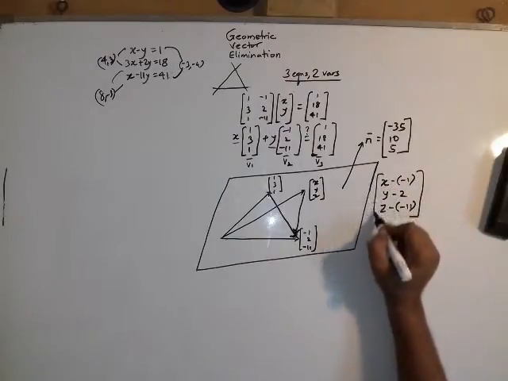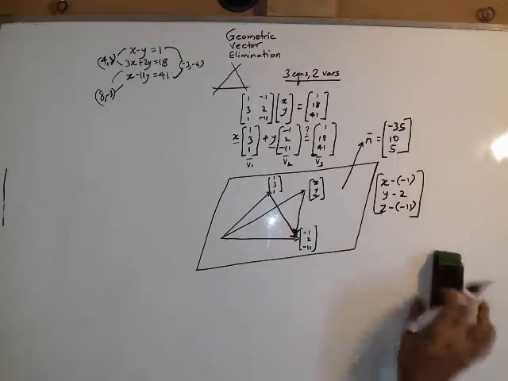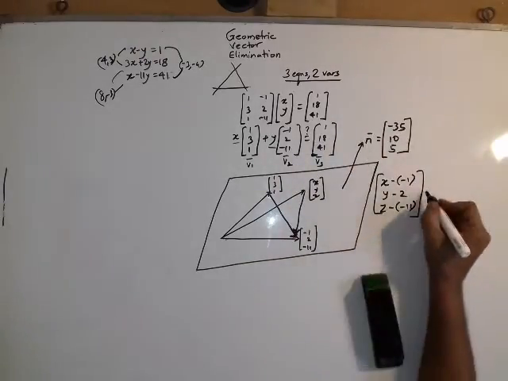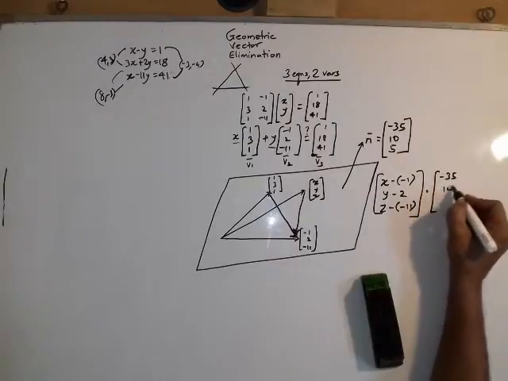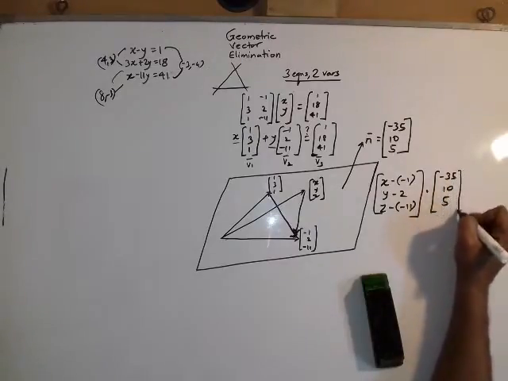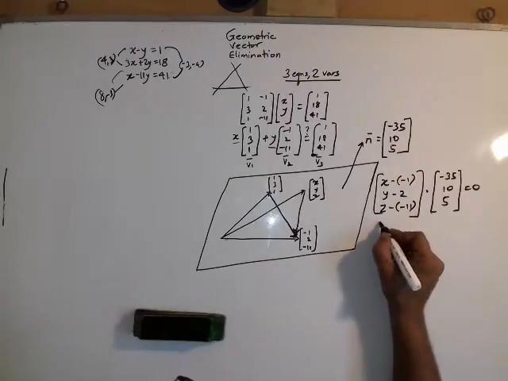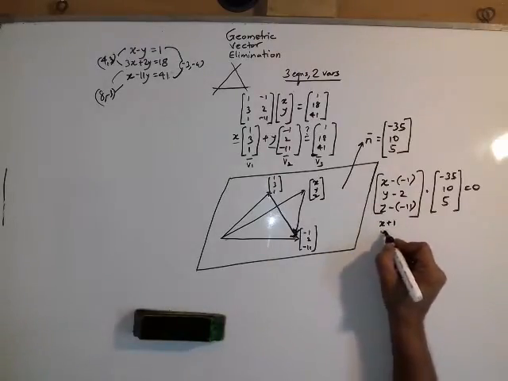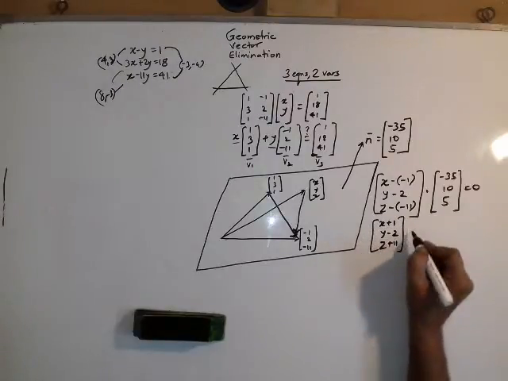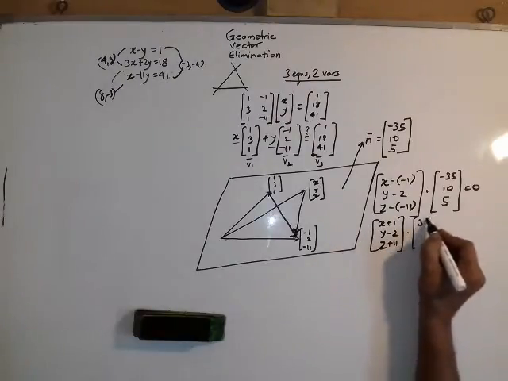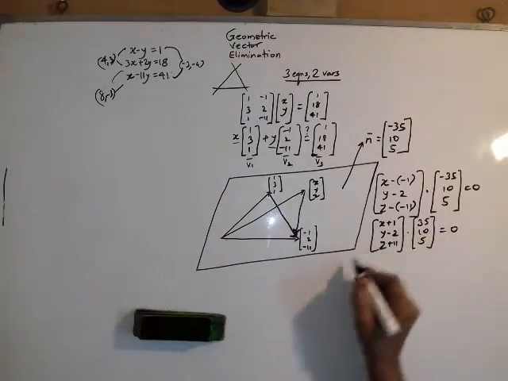So this vector lies in this plane, and if this is the normal to this plane, then the dot product should be 0. So that means x plus 1, y minus 2, z plus 11 dotted with minus 35, 10, 5 equals 0. So let's calculate the dot product.